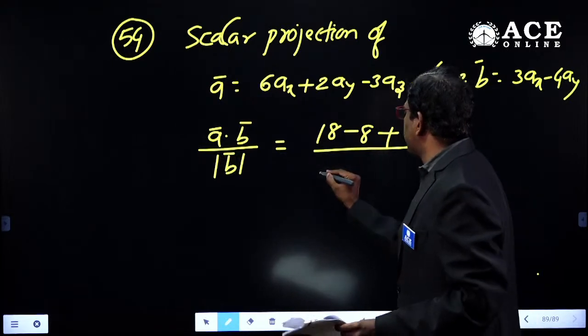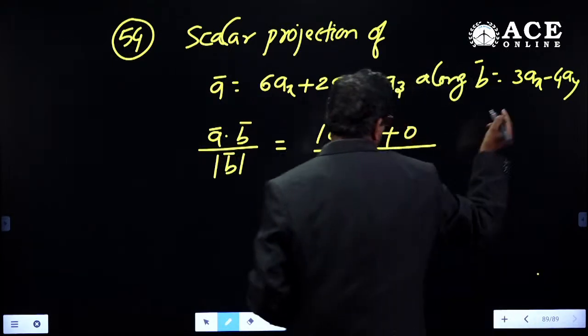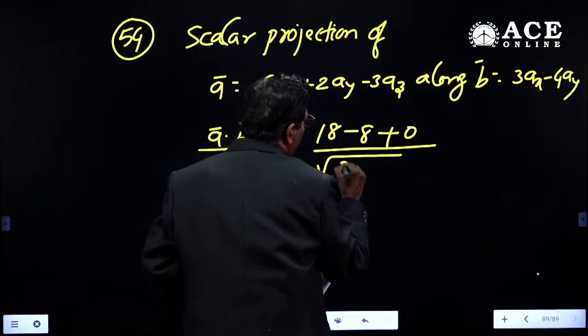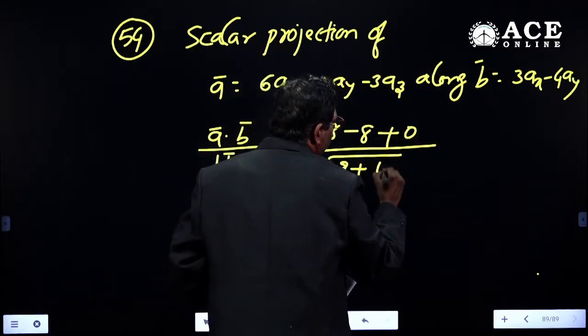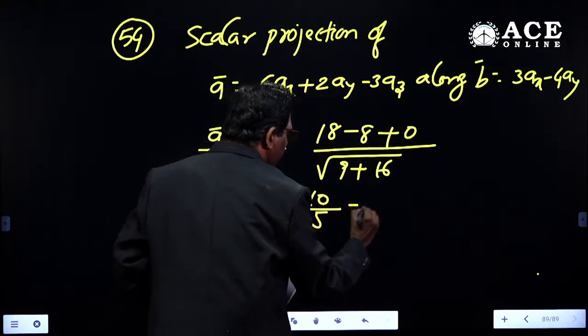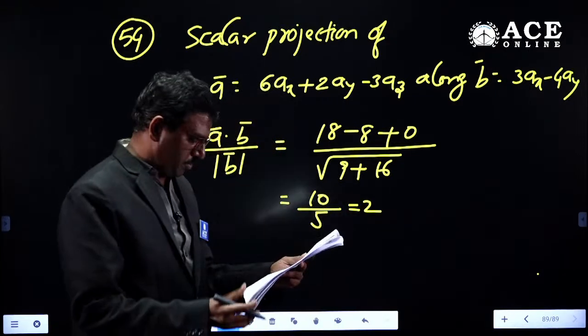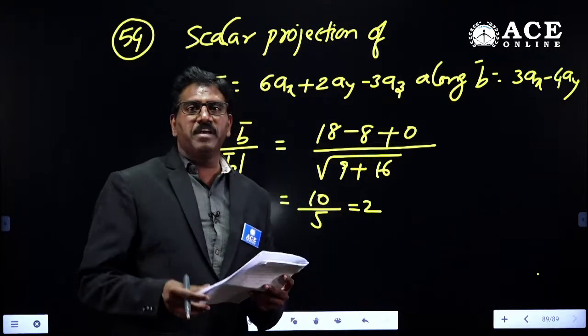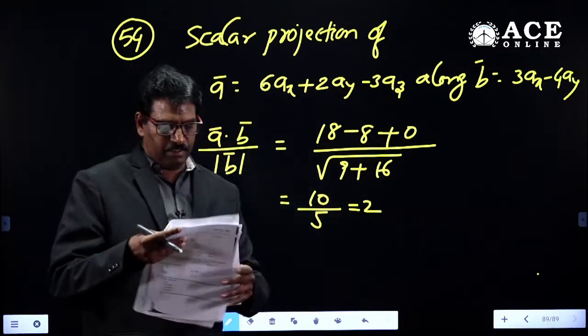The denominator, modulus of b bar, is root of 9 plus 4 square which is 16, that is 10 by root 25, which is 5, that is 2. So which option is right? Option A is correct here, check it once.